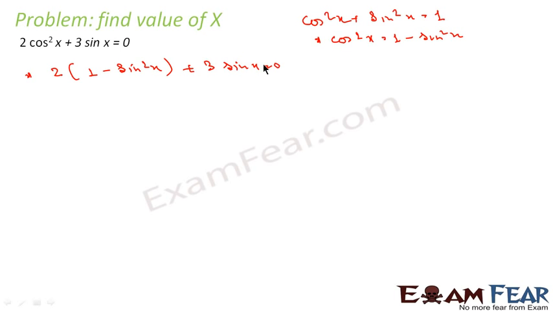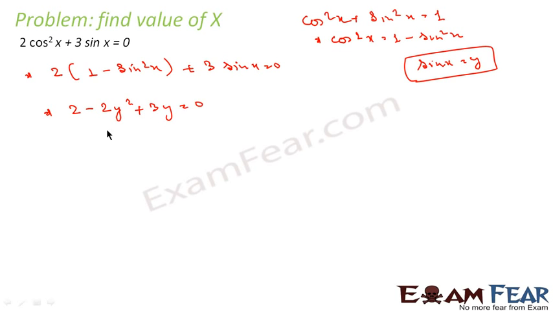Now let's put sin x is equal to y, just to make our life easy, because we'll get a quadratic equation. So here I get 2 minus 2y square plus 3y is equal to 0. That is 2y square minus 3y minus 2 is equal to 0.